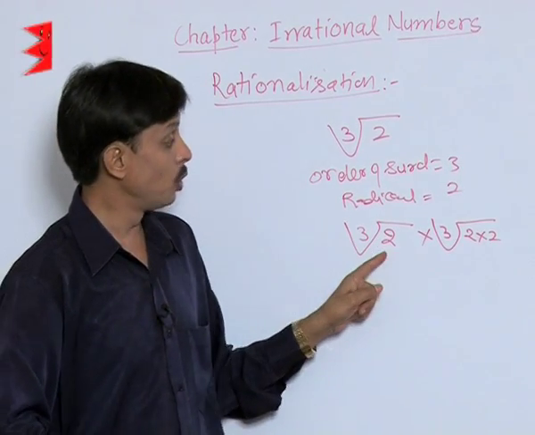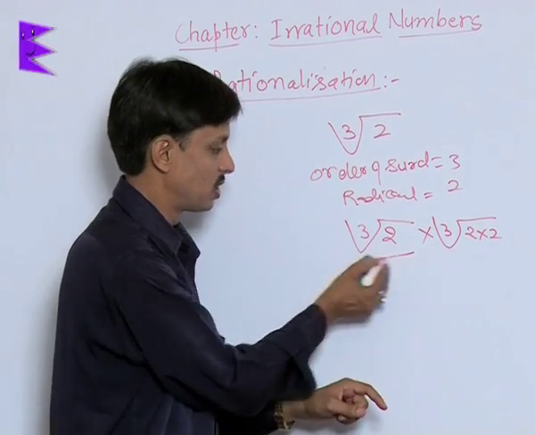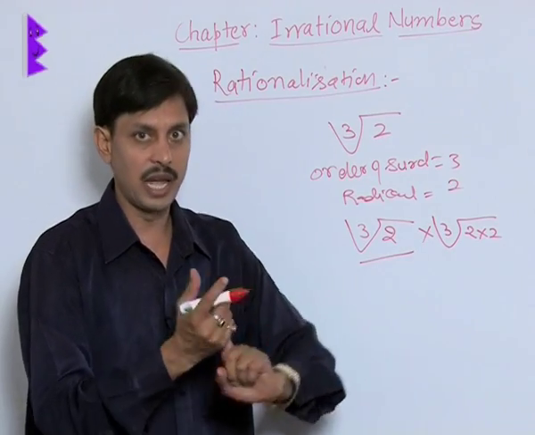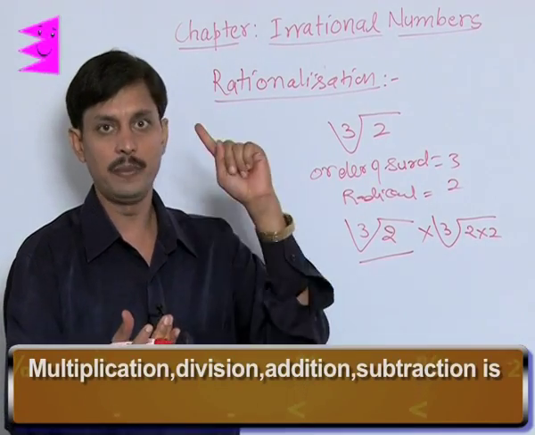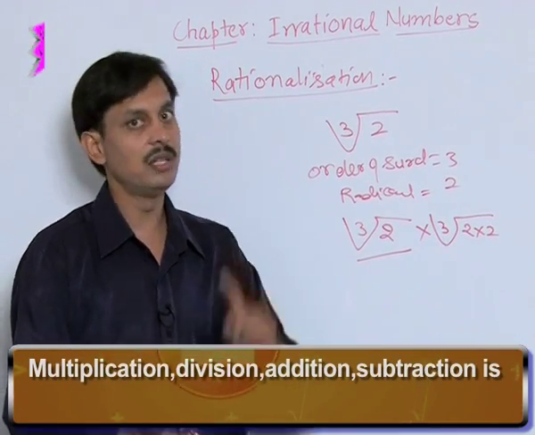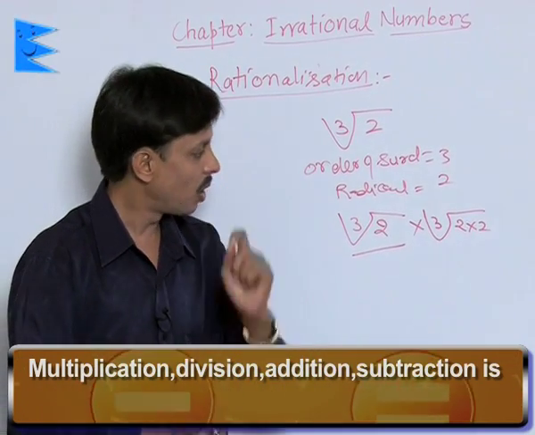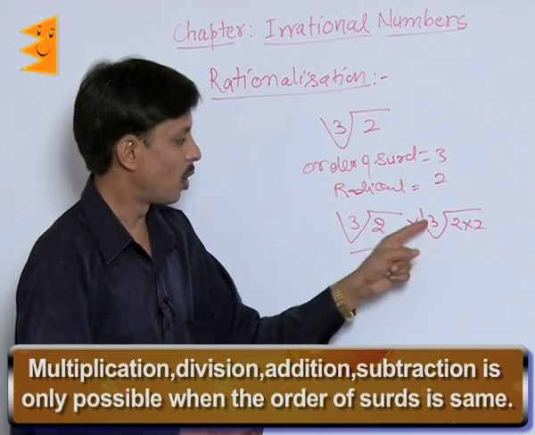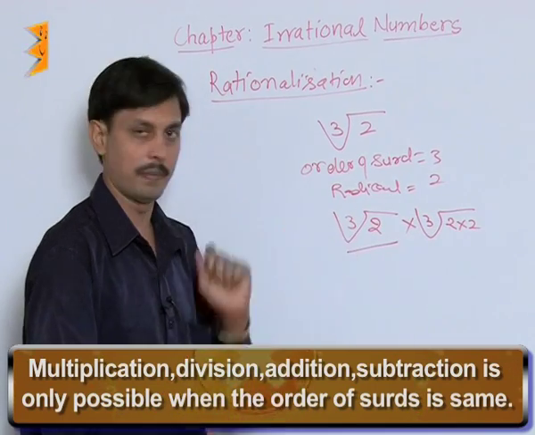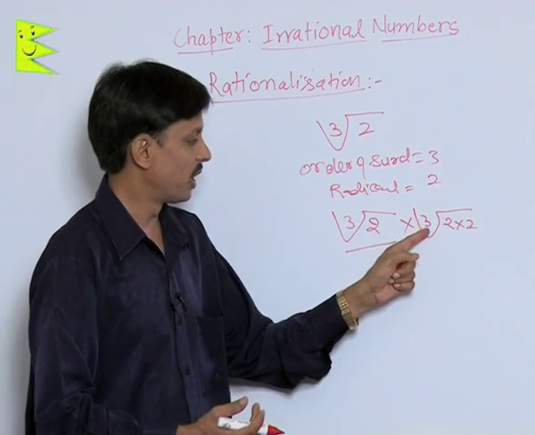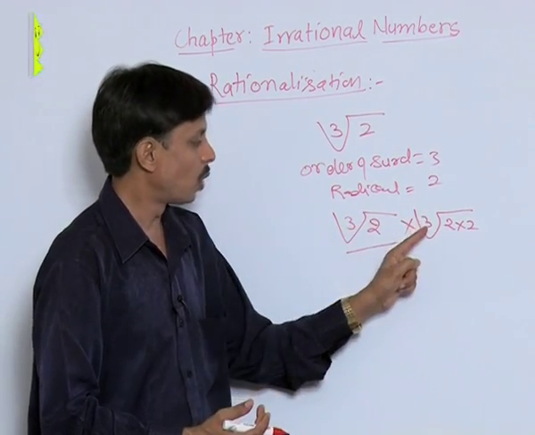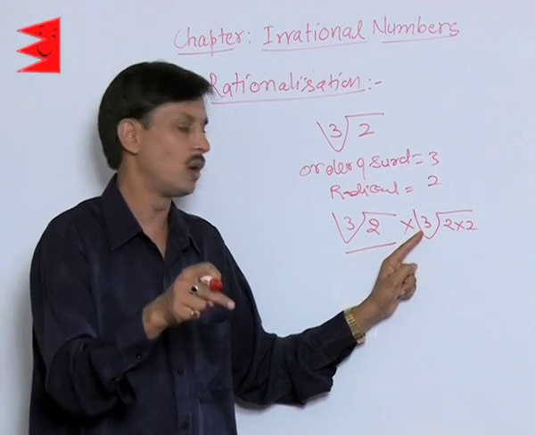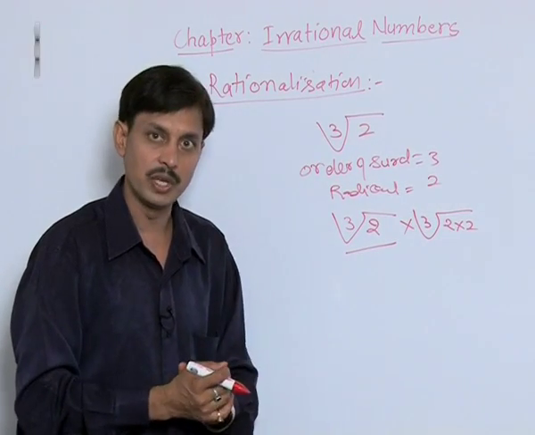How? It is the cube root of 2, this is the given surd. Multiplication, division, addition and subtraction are possible only if the order of the surds is the same. The order of this surd is 3, so the order of the next surd which I want to multiply is also 3.